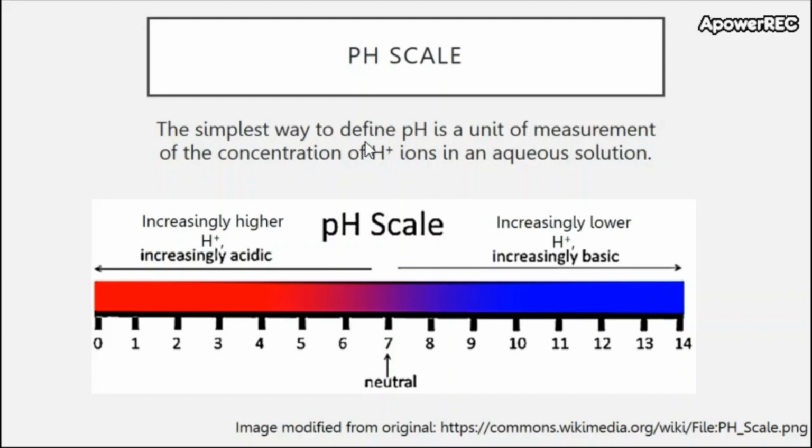So protons are just hydrogens without any electrons, and that's why they're H+. And these are very important for chemical reactions in biology, because protons are very common with aqueous solutions or water solutions, as they make up 2 out of every 3 atoms in water, H2O.